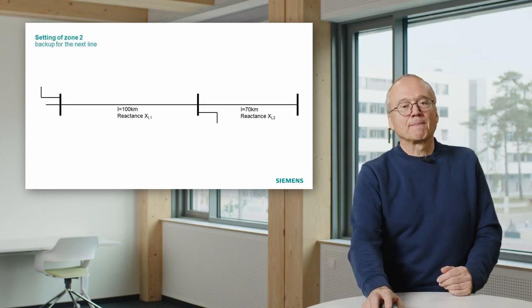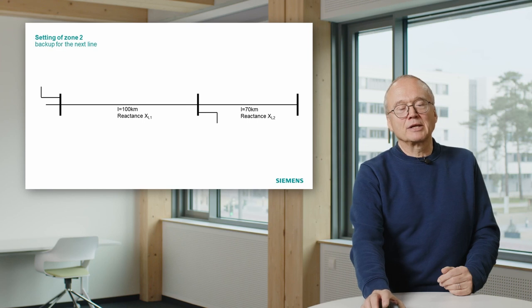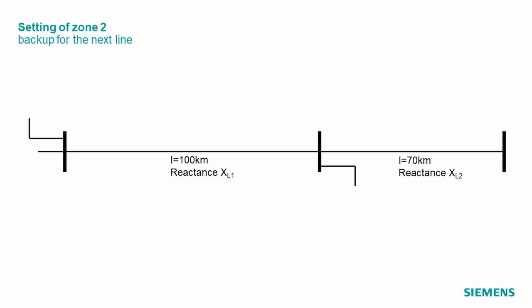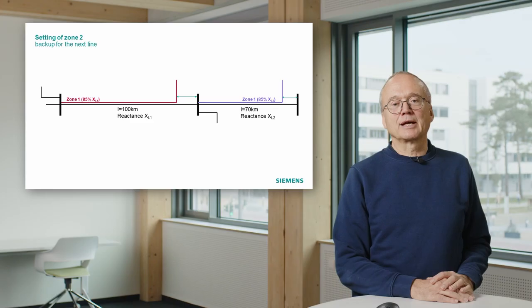We again here have our 100 kilometer line. Now I look also into the next line, which is a 70 kilometer line in this case. So on the 100 kilometer line, that is the first zone, 85%, and the same is also there on the right line, on the 70 kilometer line.